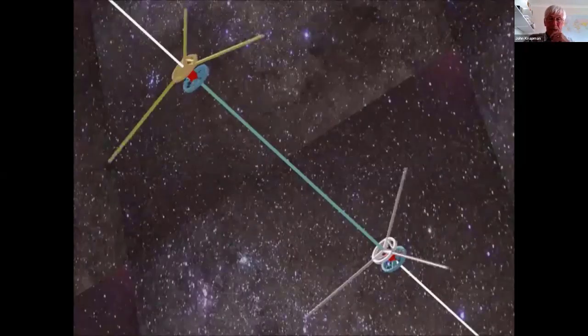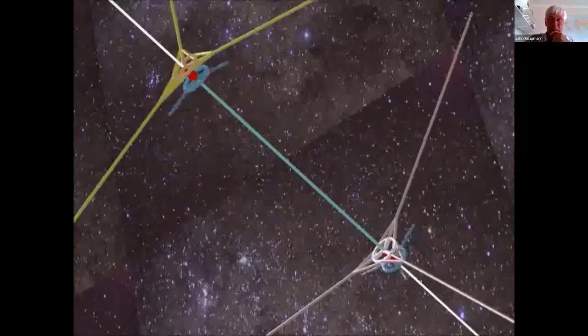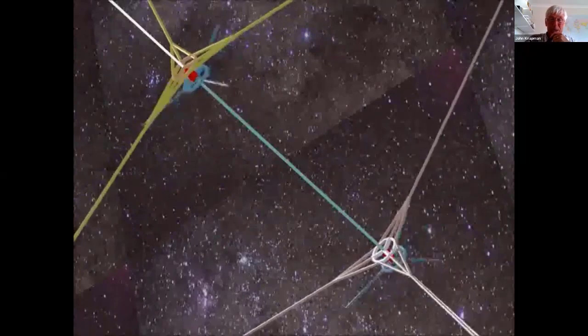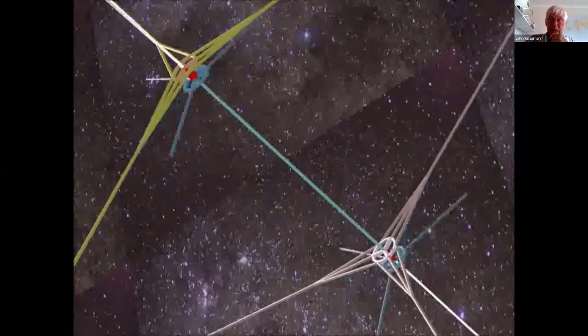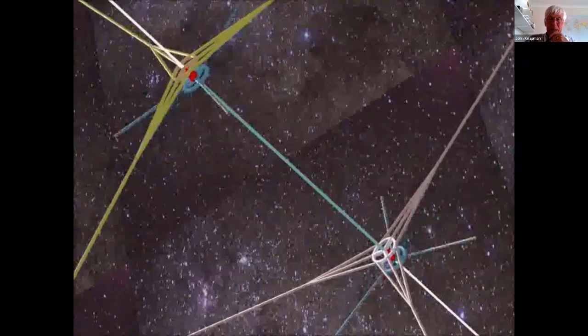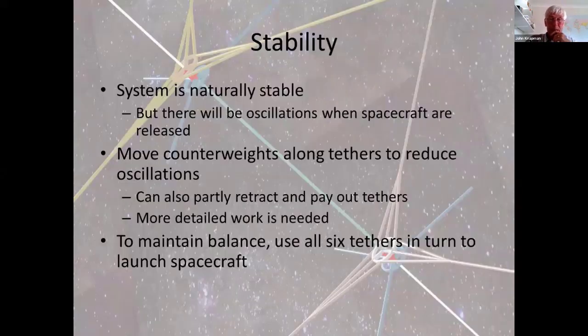So here's an illustration of how that works as you gradually extend over that period of 58 days to get the thing started, keeping the balance by running them all at once so that all the forces are dealt with at the same time, the action and reaction, as well as the centrifugal and gyroscopic forces. The system is naturally stable.